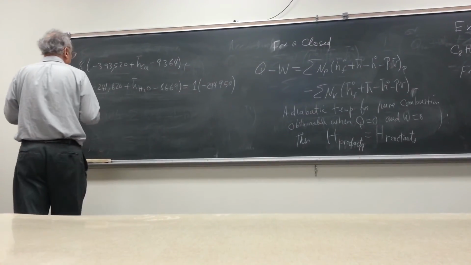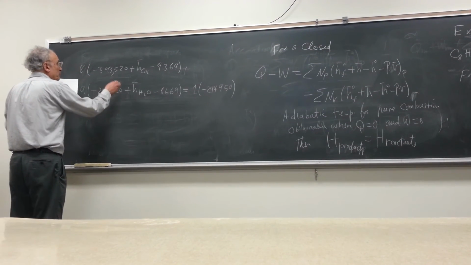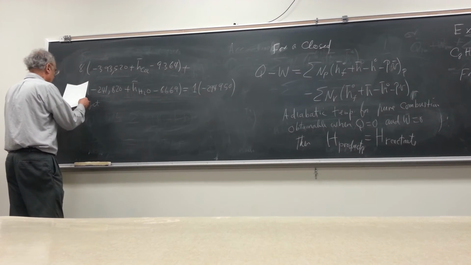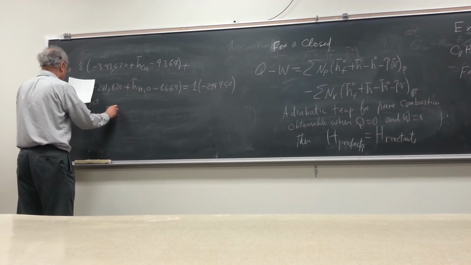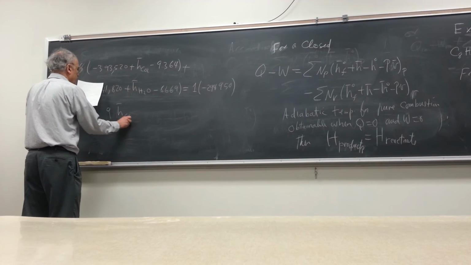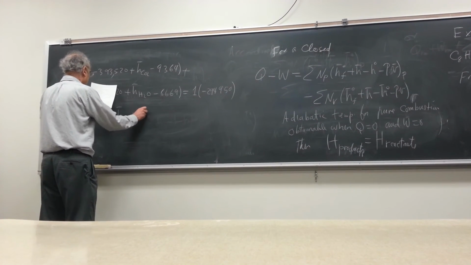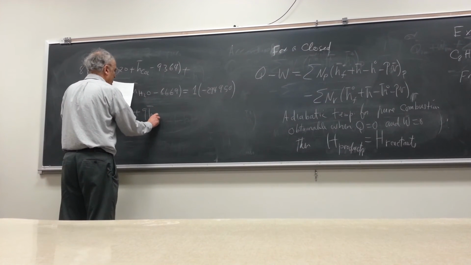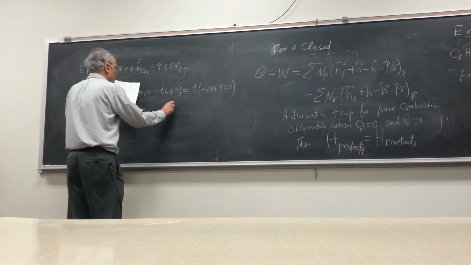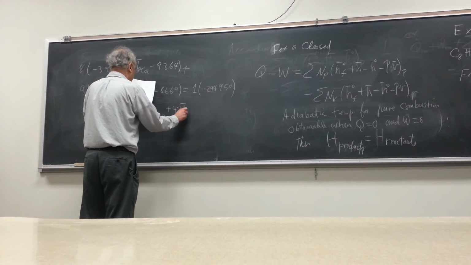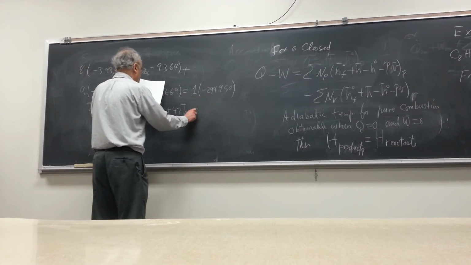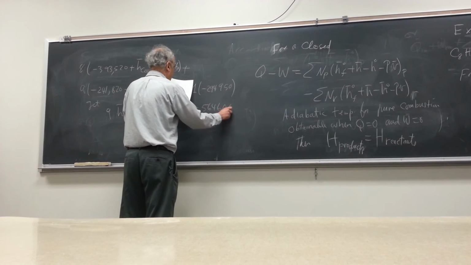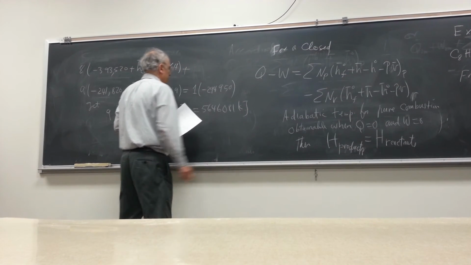And this is going to give us, combining all the numbers together, 8 h-bar CO2 plus 9 h-bar H2O plus 47 h-bar N2 equal to 5,646,081 kilojoules.